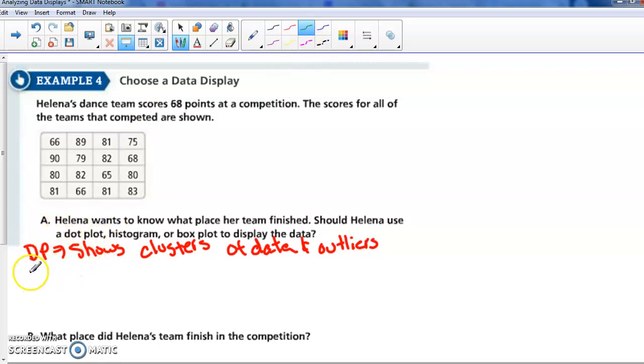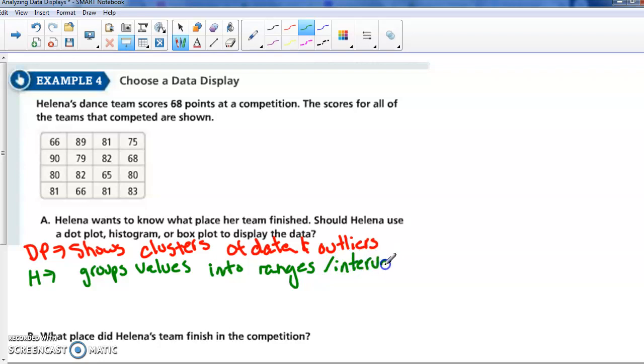If she wants to use the histogram, it groups values into ranges or intervals. Again, making sure that they are the same. And they don't show individual points.